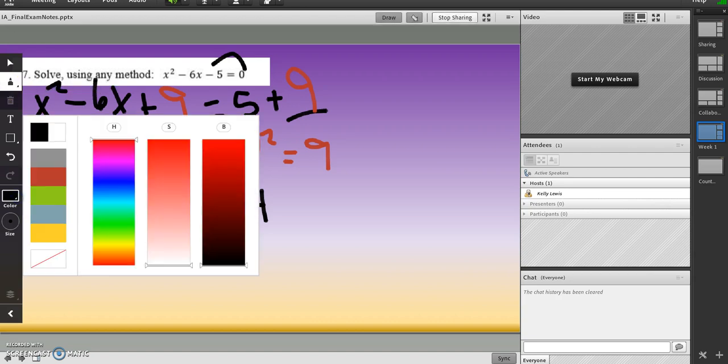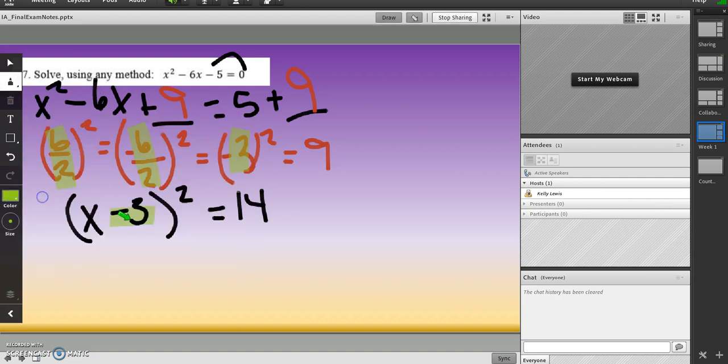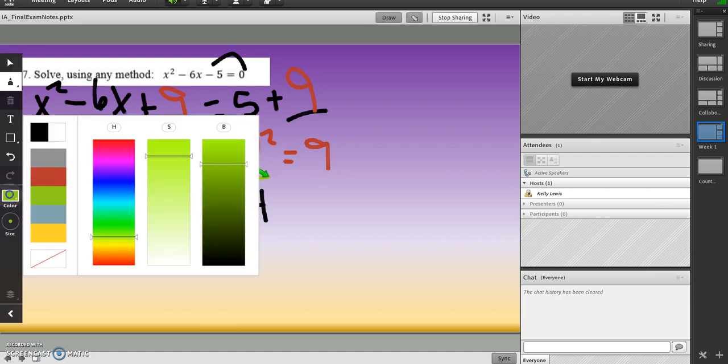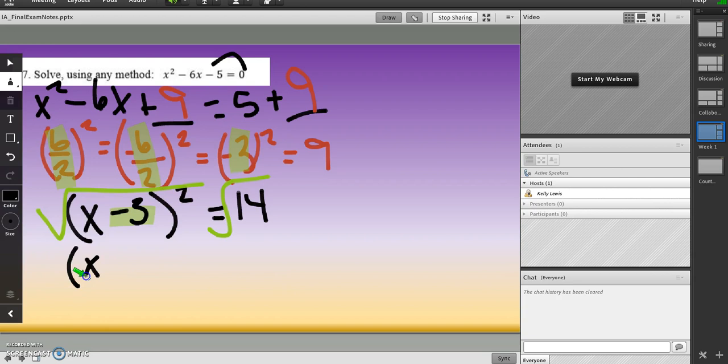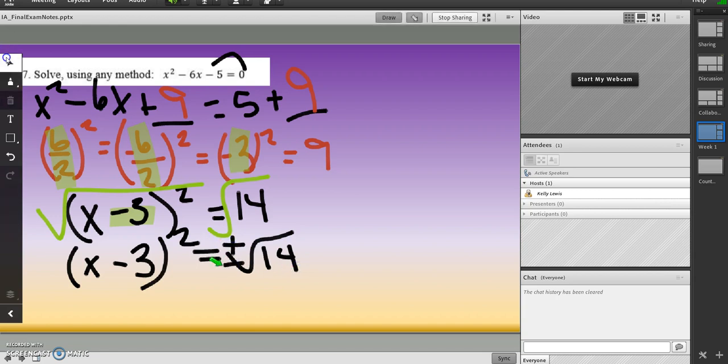man, errors. It's amazing. All right, we need to get rid of that squared. And so to get rid of that squared, I'm going to take the square root. So I get x minus 3 squared equals the square root of 14. And when you take the square root of anything, you write plus minus. When I take the square root of something squared, you get that something.